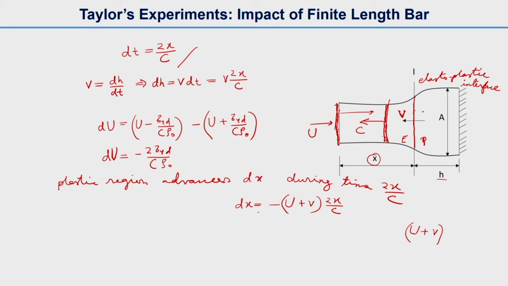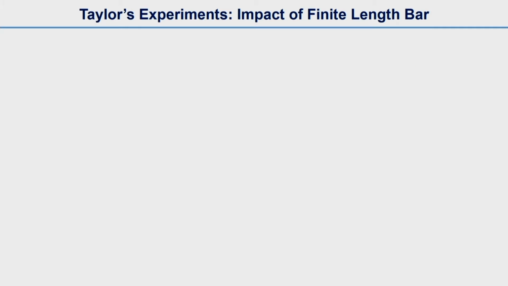We write minus because the plastic region advances from right to left, which is opposite to the impact velocity, multiplied by the time twice x by c. So from these discussions, what we can know is dh by dt.